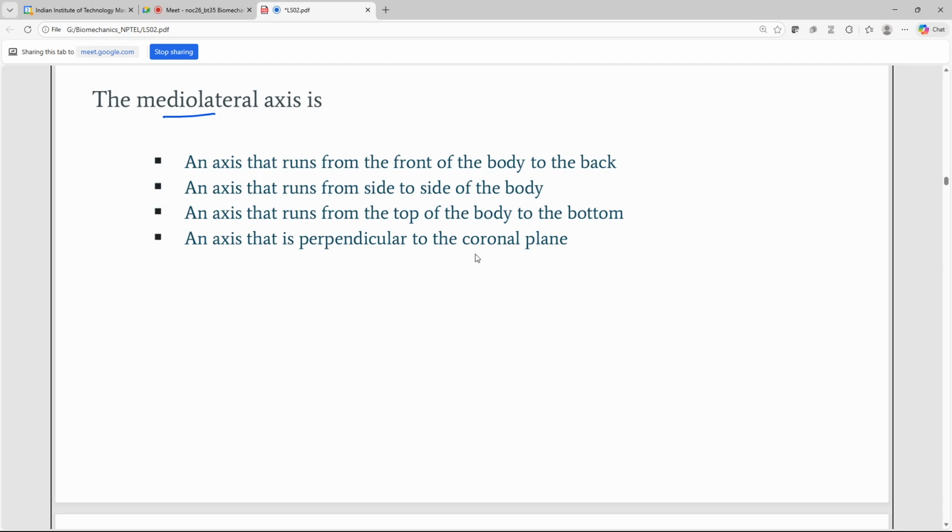So which one is called a mediolateral axis? Write in your answers.